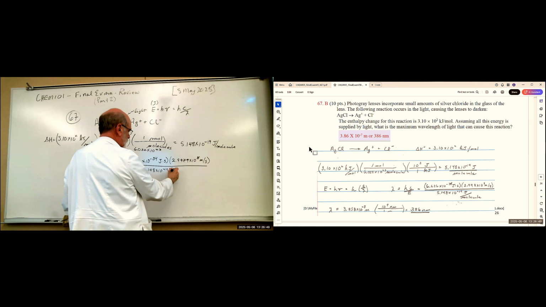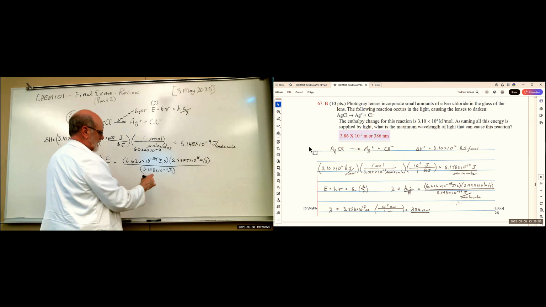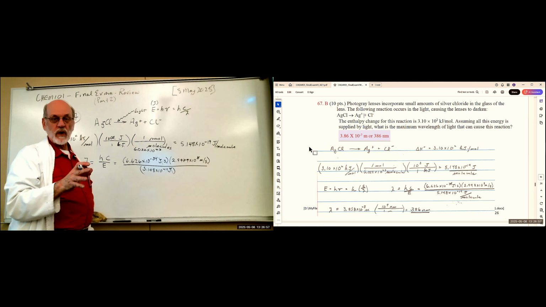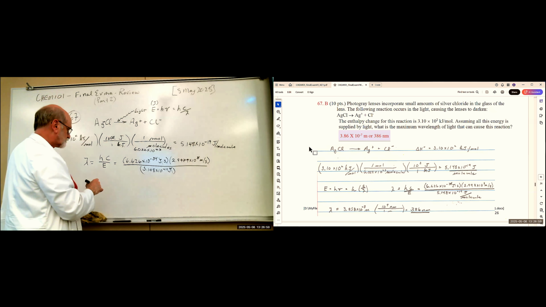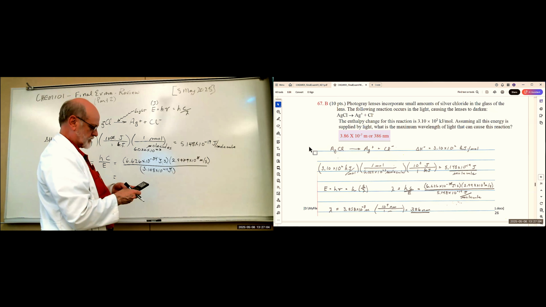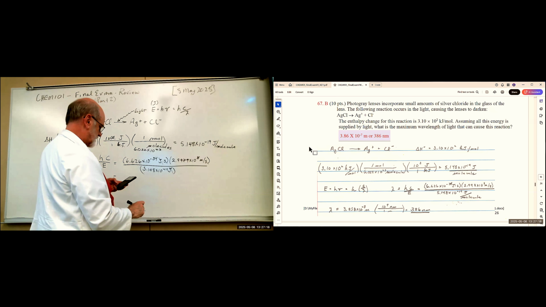We don't have to put the molecule in there now for this one. Joules cancels, seconds cancel, and we're left with meters for wavelength. Okay? 6.626 exponent minus 34, times 2.9979 exponent 8, divided by 5.148 exponent minus 19.